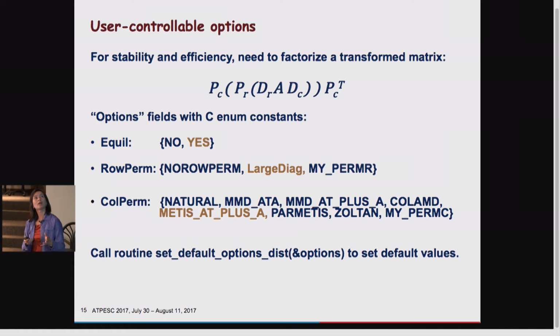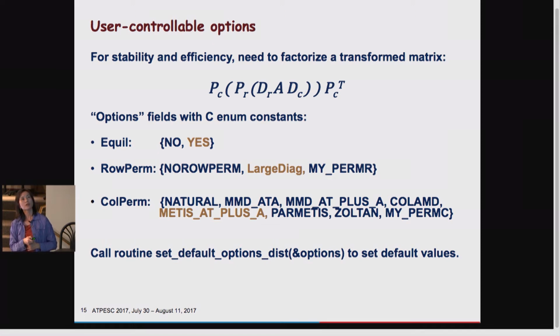So from a user point of view, for efficiency and stability reasons, we actually never factorize A itself. We do this pre-processing. One pre-processing is equilibration, multiplying by two diagonal matrices so that this balanced matrix will have a lower condition number.